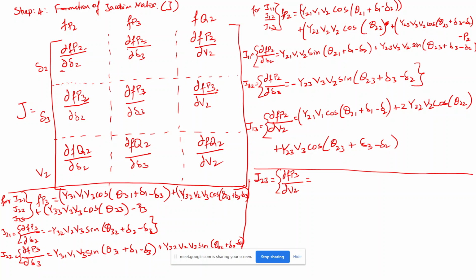So if you differentiate this P3 equation with V2, there is no V2 in the first component, there is a V2 in the second component, and in the third also V2 is not there, so I will get only this one. The V2 will be eliminated and other components will be the same. So Y32 V3 cos theta 32 plus del 2 minus del 3. So this is for J23.